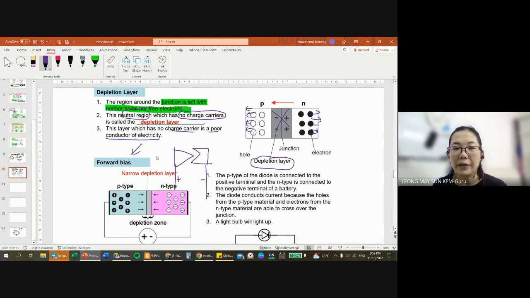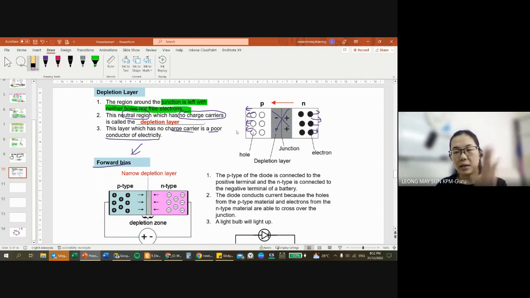If you put it in the opposite direction, the LED will not light up. Why? Because of forward bias and reverse bias. The ability for the LED or the diode to allow current to flow is known as forward bias and reverse bias in physics.